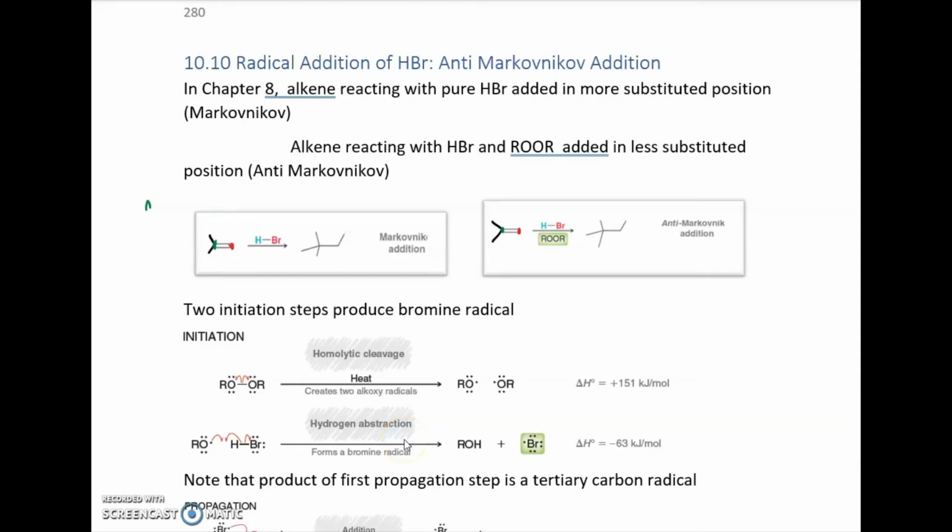Radical addition of hydrogen bromide. So in Chapter 8, we looked at alkenes, and we added pure hydrogen bromide, and the bromide added to the more substituted position. So we've got this down here. We've got a green carbon and a pink carbon.